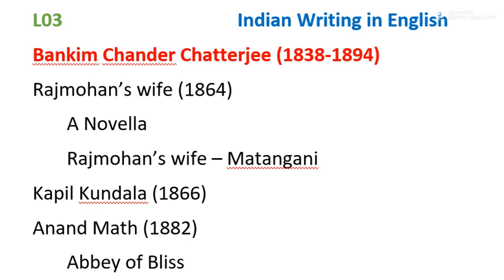Now, when the writer is presenting these sentiments in the plot or the story, that the sannyasi people are considering the Muslims as their enemies, it gave rise to communal hatred among the people. So this is to be noted. Many critics have also criticized this.